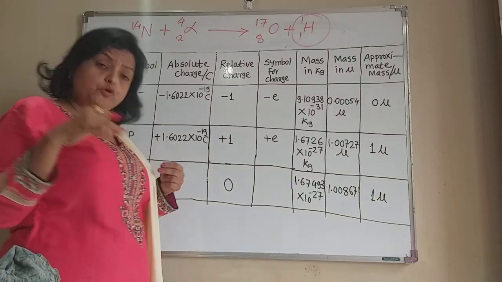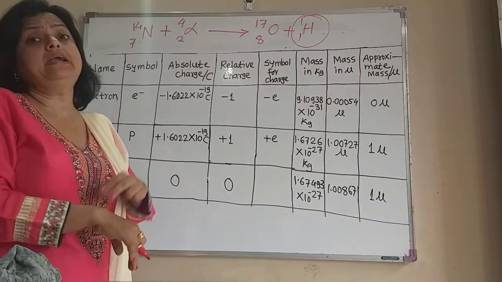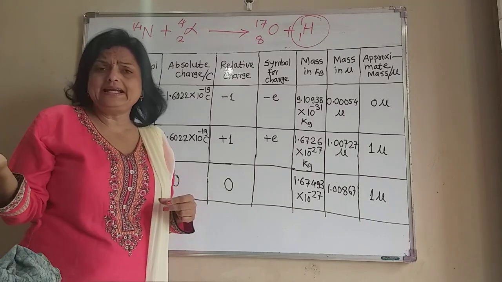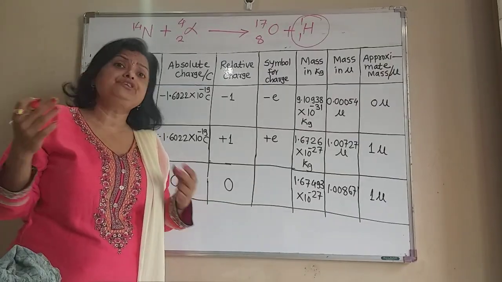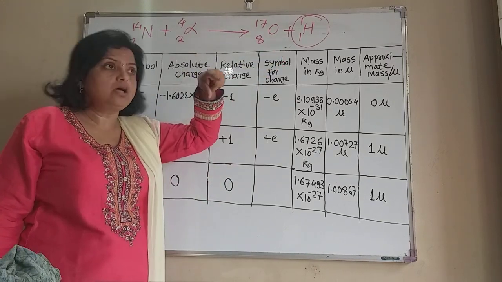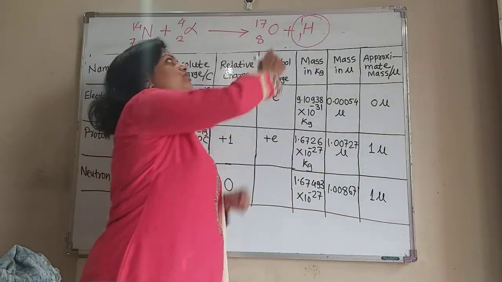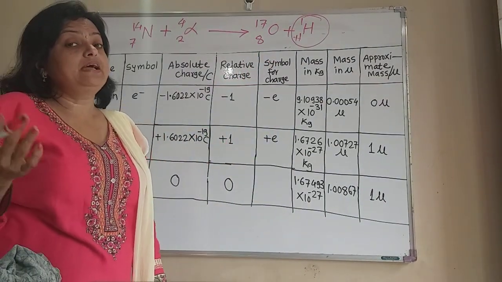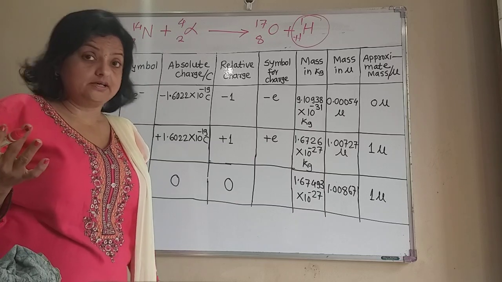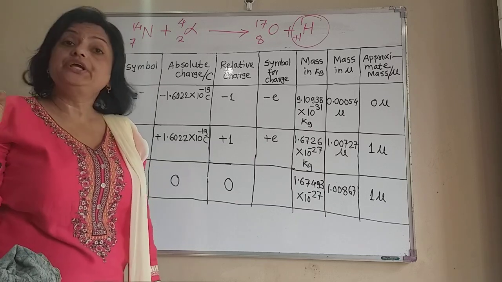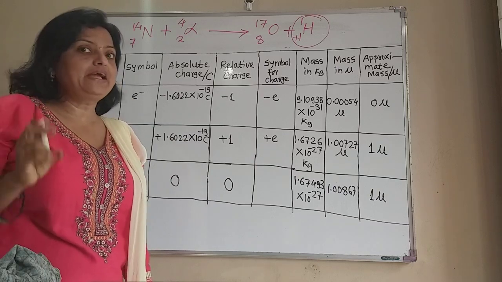From that he concluded that the atoms of different elements have a positively charged particle such as the hydrogen nucleus, having mass 1 and charge plus 1. And from that he told us that there are positively charged particles in the nucleus of every atom.